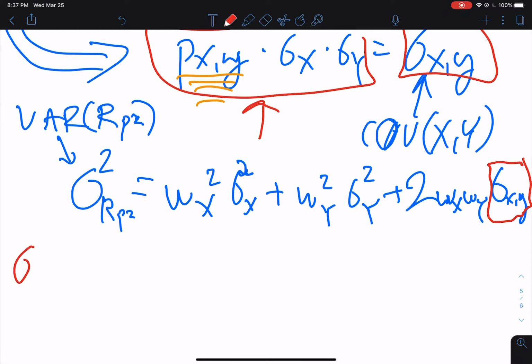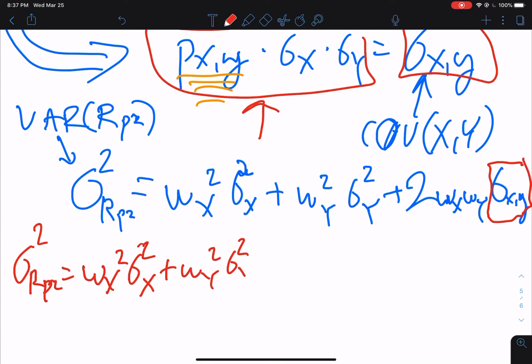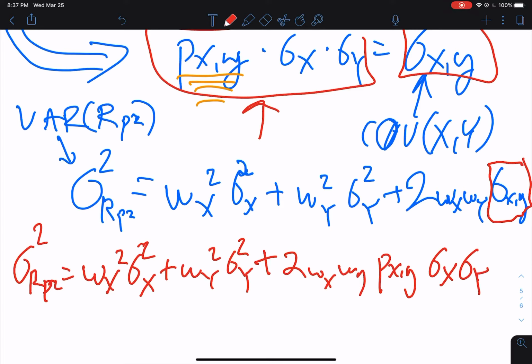So that means the decomposition of portfolio return variance for a portfolio of two securities is the weight in x squared times var x plus the weight in y squared times var y plus 2 times the weight in x times the weight in y times the correlation coefficient between x and y times standard deviation of x times the standard deviation of y.